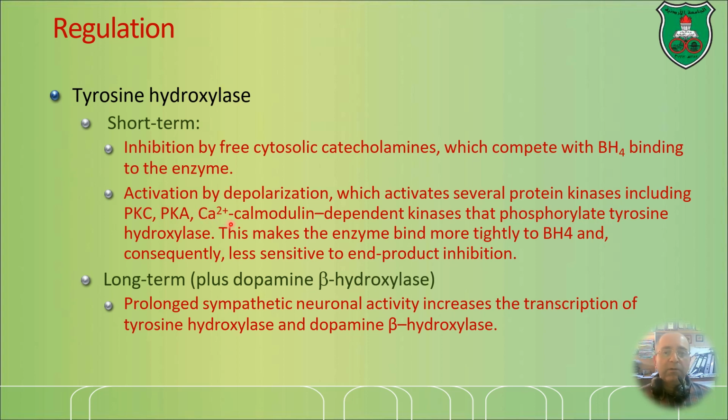When we have a lot of depolarization, there will be increased activity of protein kinase C, protein kinase A, and calcium calmodulin dependent kinases, which phosphorylate tyrosine hydroxylase, and as a result activation, because there is increased binding, increased affinity between tetrahydrobiopterin and the enzyme.